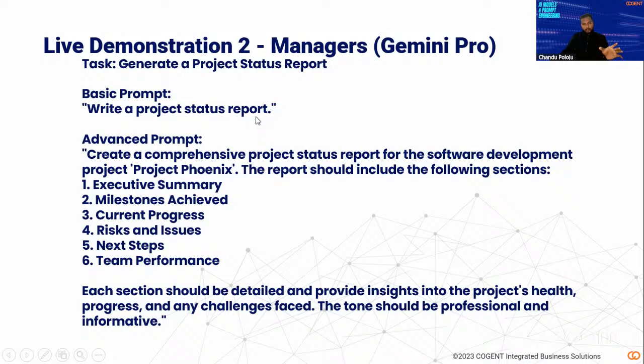That's a basic prompt, so it doesn't know what project they are doing. Next, the advanced prompt: create a comprehensive project status report for software development for project Phoenix, along with the sections, what exactly you require in your document. Now let's try this.